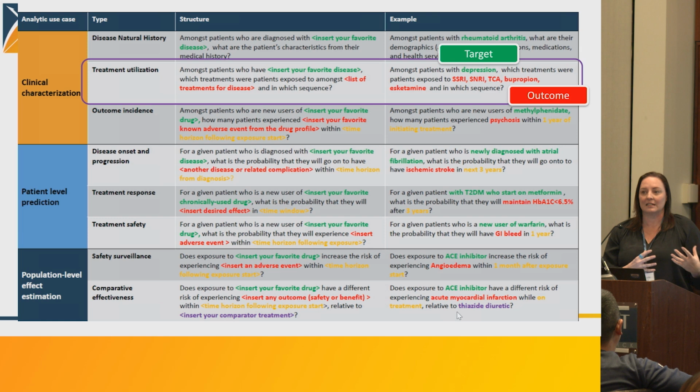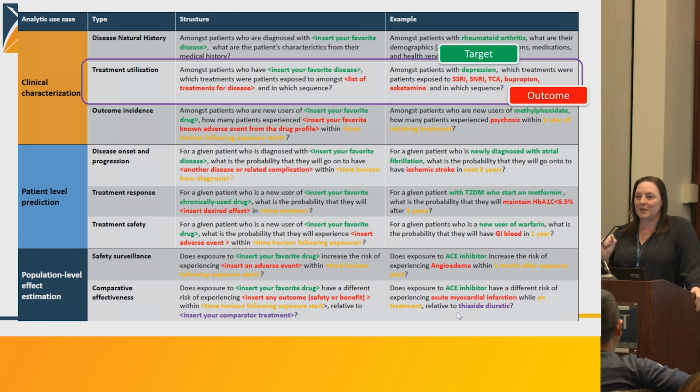You really need to understand what the use of this medicine is. If I have a really high risk of an outcome, what does that mean clinically for the population? A 4 times increased risk might not translate to a lot at the population level if only 1 in a million people get exposed to this particular medicine. So it's really important to think about that question and what it means to healthcare.